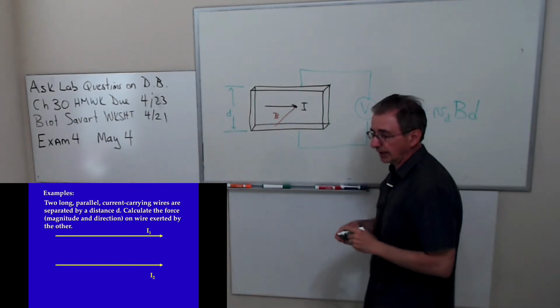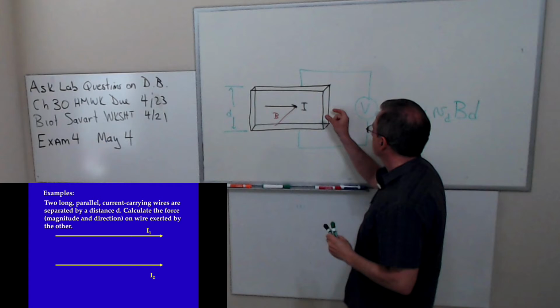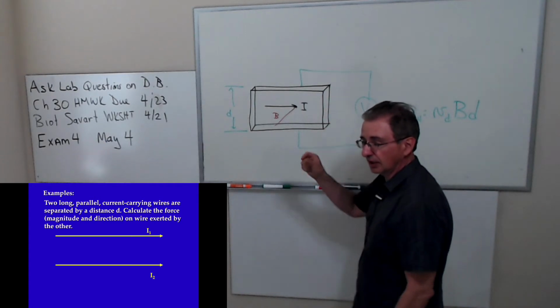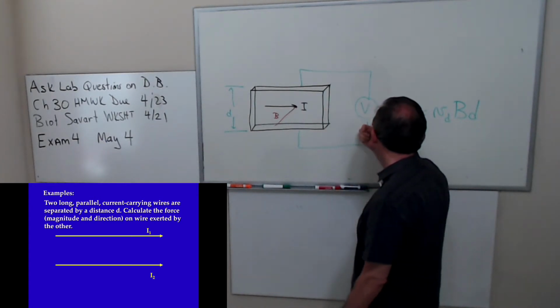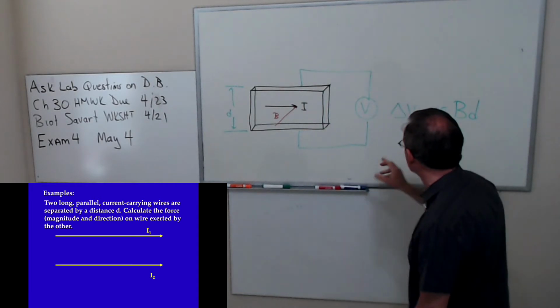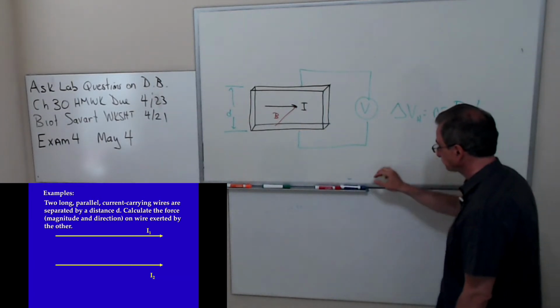One of the questions was why should this conductor be thin? Because when you read about it, it says if you want to really observe the Hall effect, it should be thin. And it's really hard to see why from this equation.